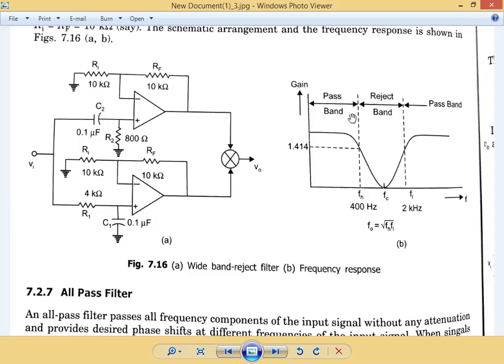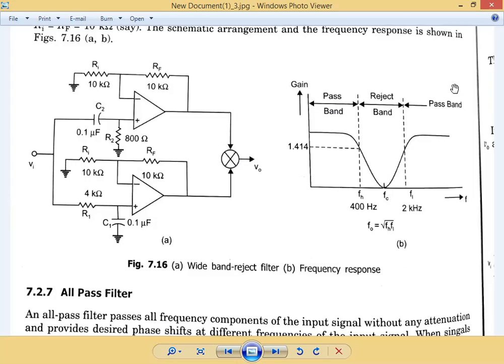You know that this is the response of the low pass filter and this is the response of the high pass filter, and if we combine these two responses by using an adder, then we can get the wide band reject filter.